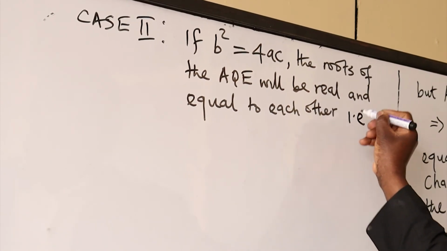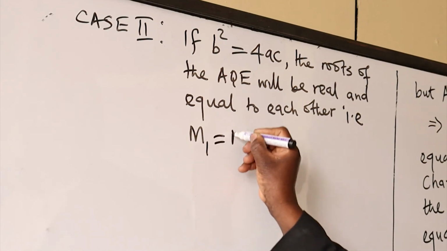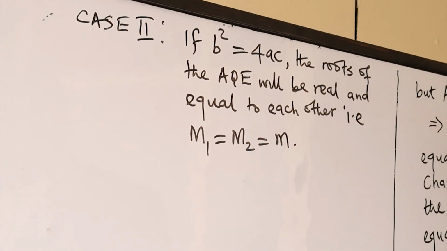That is, M1 will be equal to M2, which will be equal to just a mere M.